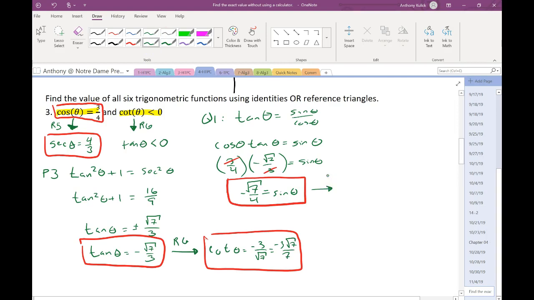And then I can use the fact that sine and cosecant are reciprocals. And when I rationalize the denominator, I get negative 4 root 7 over 7.